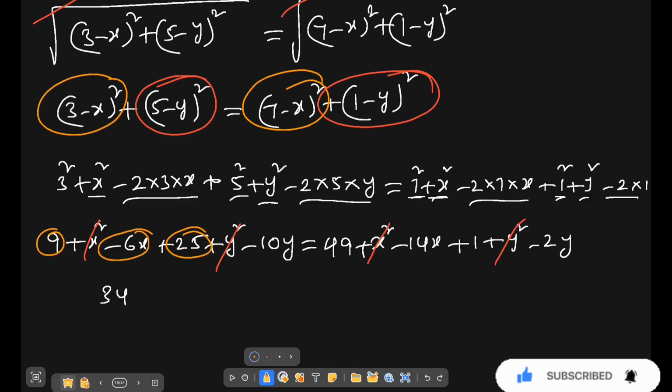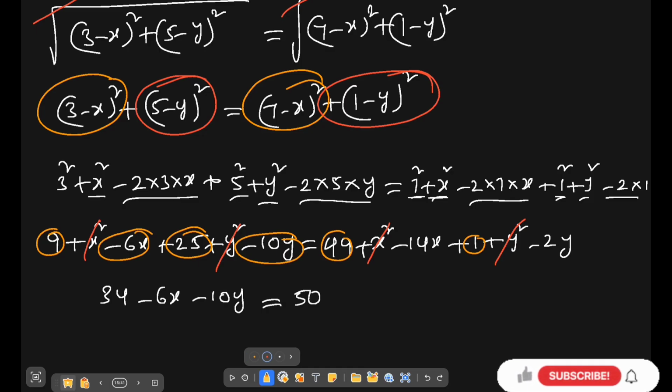Minus 6x and minus 10y. Minus 6x minus 10y equals to right side 49 plus 1, 50. Next, minus 14x minus 2y.